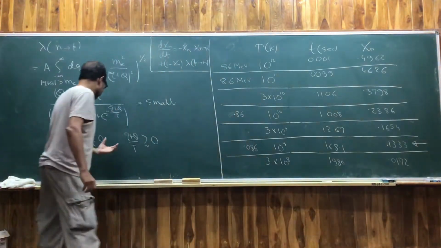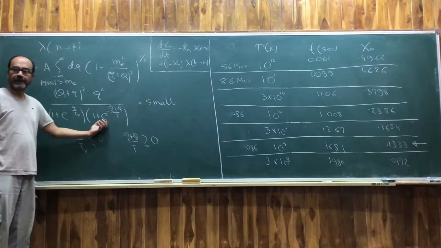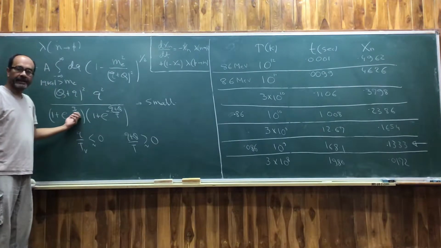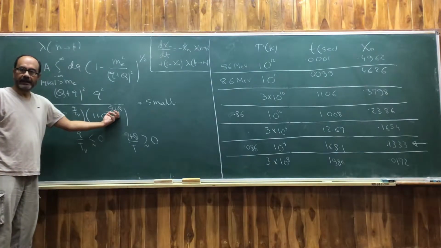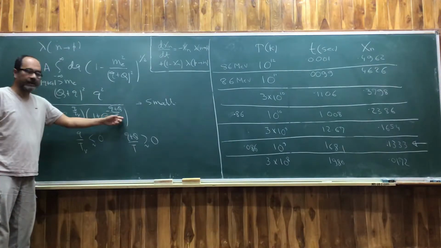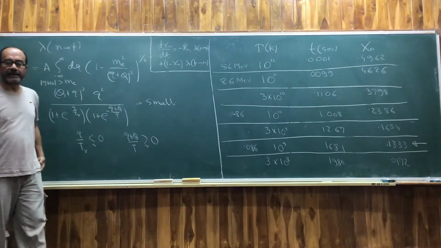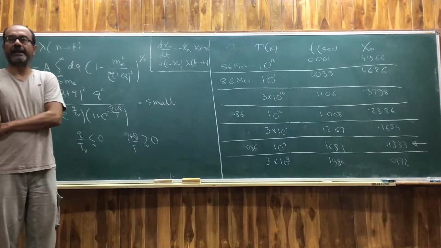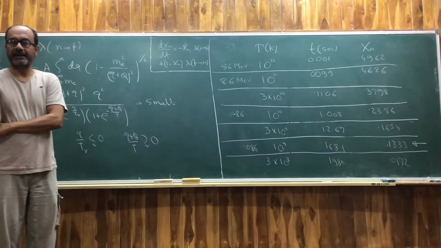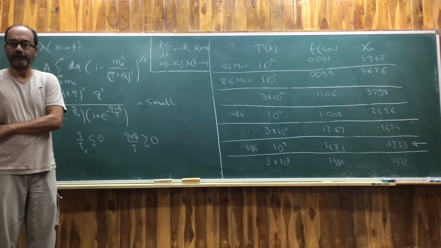And what you are saying is that in order that the denominator is not so big, this exponent has to be negative, and this exponent has to be negative. Which means this q plus Q over T has to be positive. Now when I say it has to be positive, it doesn't have to be strictly positive. If it's negative, it cannot be very large and negative. It has to be around 0.